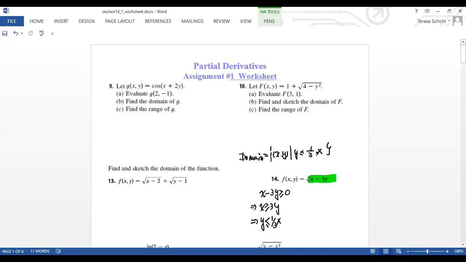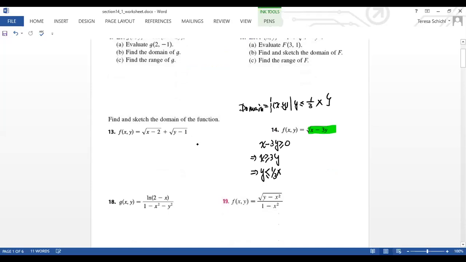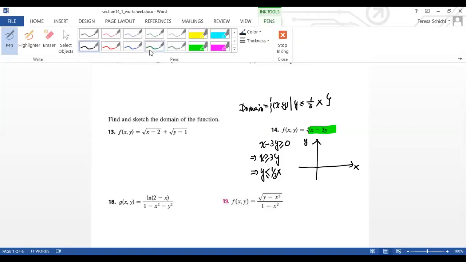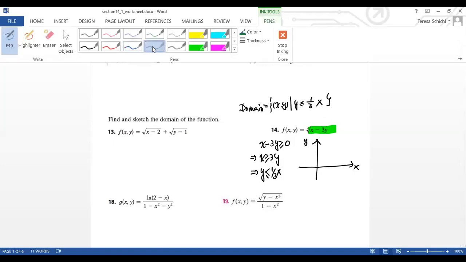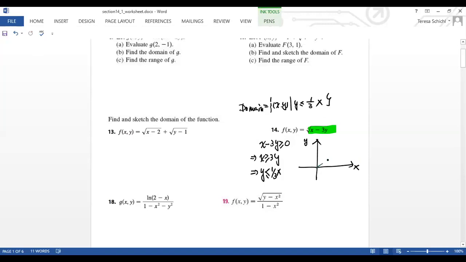So let's take a look at what this domain looks like in R2. So this is xy. Remember, for R3 functions, the domain is in R2, right? So for y equal to 1/3 of x, it will be a line here.